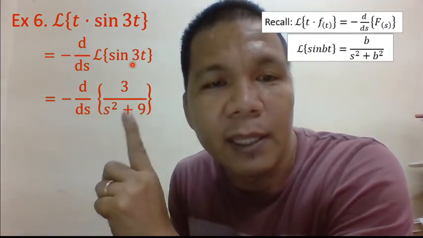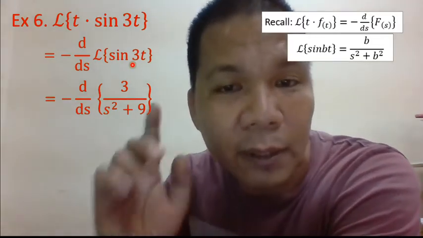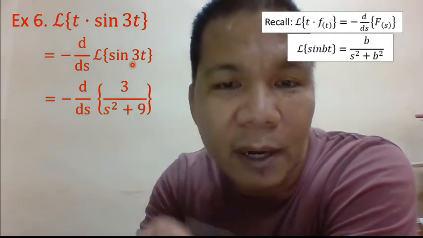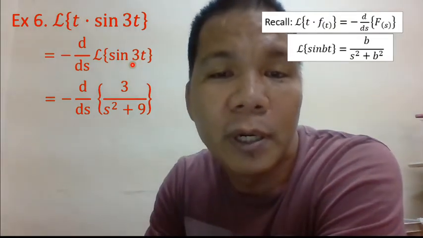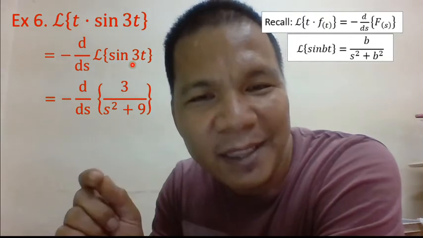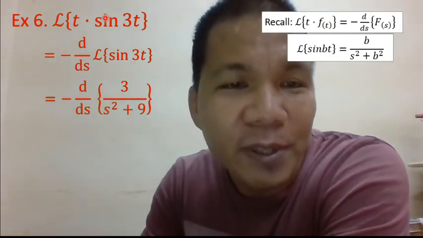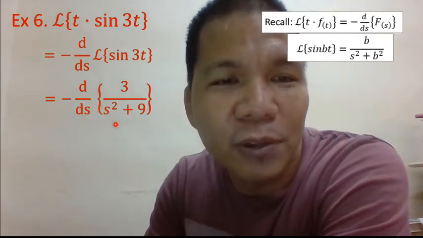Now it's time to take the derivative of the function. Take note, this is the derivative of 1 over u, which is equal to negative du all over u squared. In this case, your u is equal to s squared plus 9.